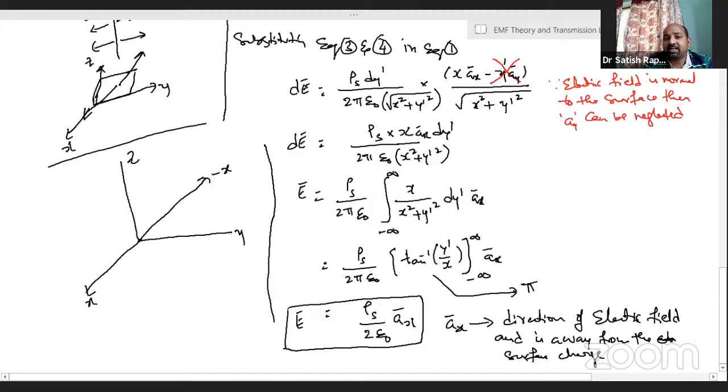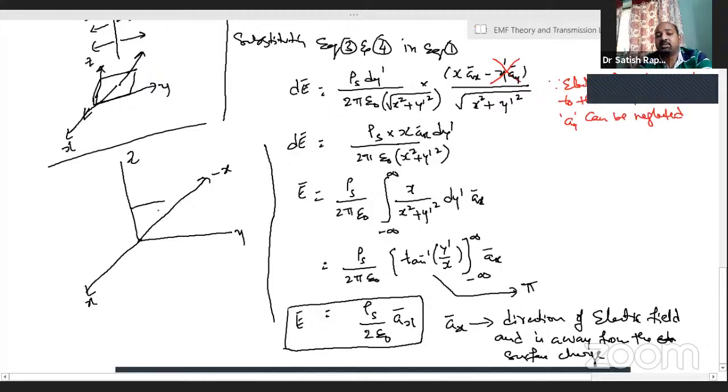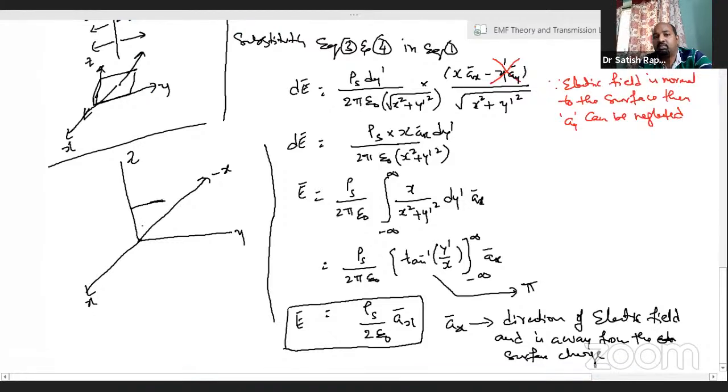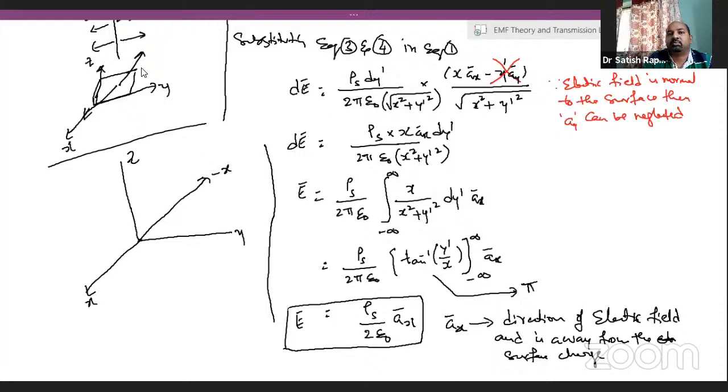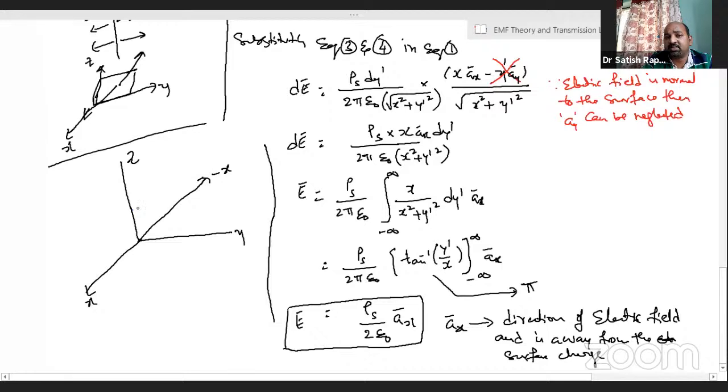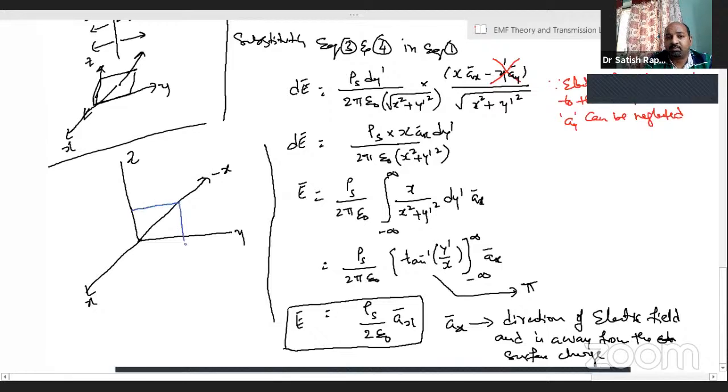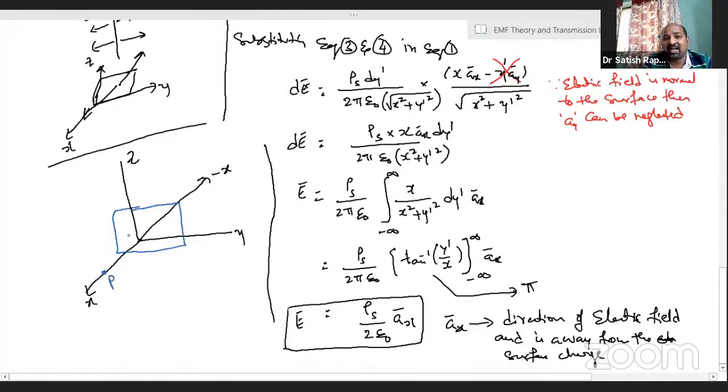Here in this case, we have considered a surface on the yz plane, and the electric field is considered at a point on the x-axis.